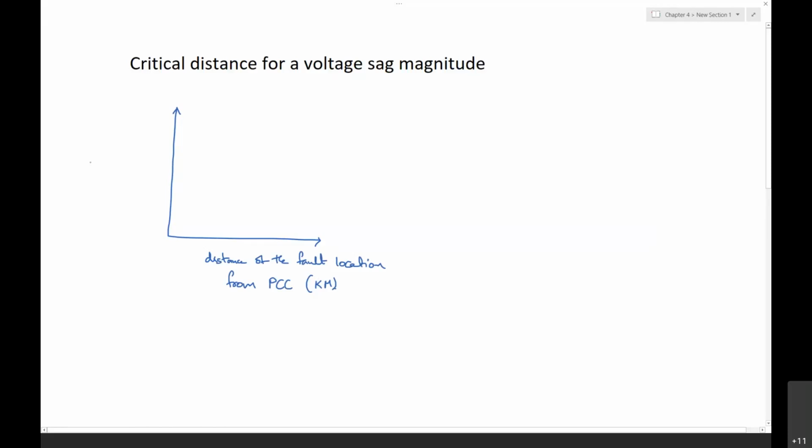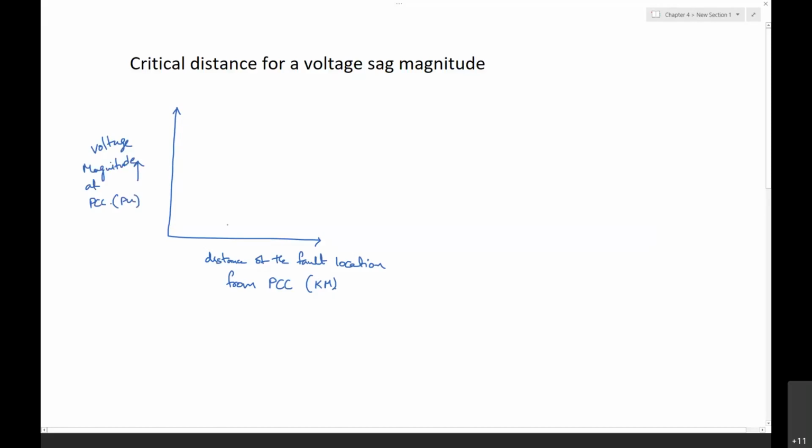Right. This is the voltage sag magnitude. This is the voltage sag voltage at PCC, the voltage magnitude at PCC, per unit.